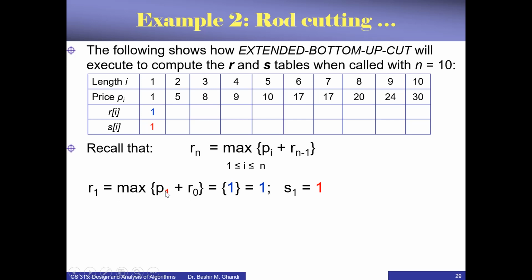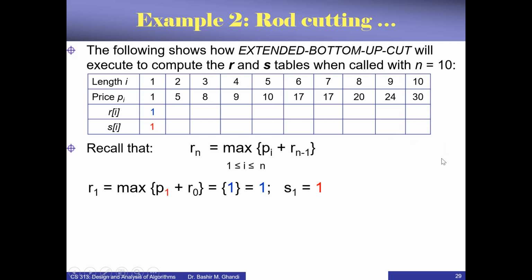So what is P of 1? The price for length 1 is obviously 1. The revenue for length 0 is, of course, 0. So R0 is always 0. Therefore, the only value we have for this particular one is the one itself. Now, what is the point at which we got that? That is when i is equal to 1. So S1 will be 1. That's why here we are saving both R1 and S1 to be 1 and 1.